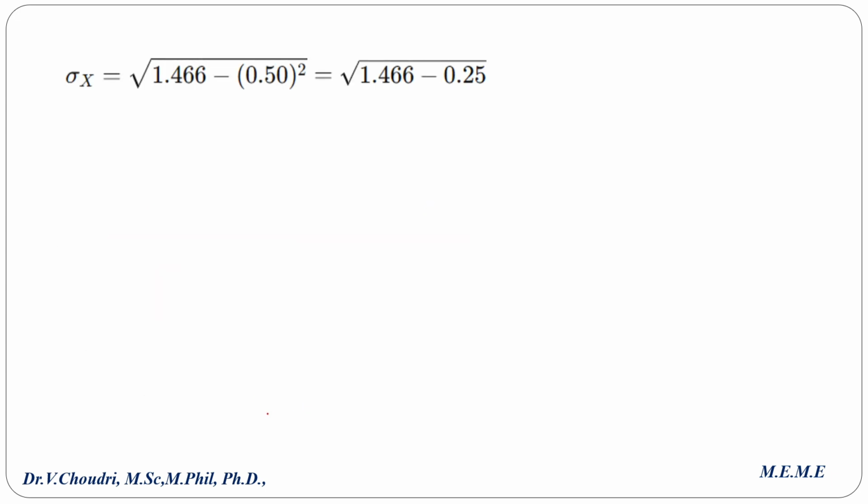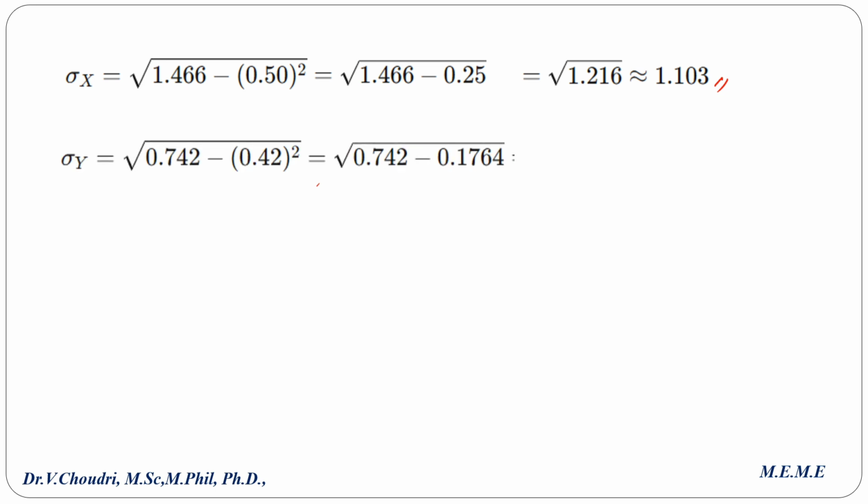Now we have already found E of X and E of Y. Now we are going to find the standard deviation. Sigma X equals the square root of E of X square minus E of X whole square. What is the answer? 1.103. And the standard deviation of Y: substitute the E of Y square and E of Y whole square values. We are getting 0.752.